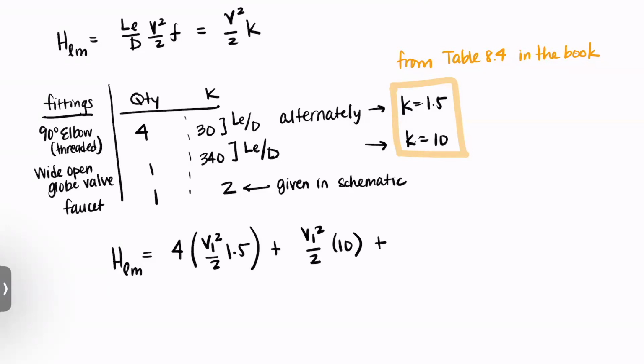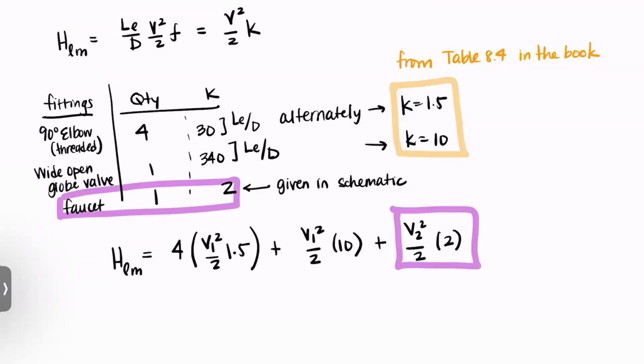And then for my faucet, now I'm going to use V2, all right? Because V2 is coming out of the faucet. So I have V2 squared over 2 times K equals 2. So this is my faucet. That's this guy. This is my globe valve.